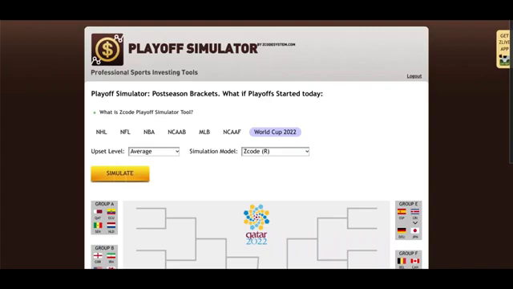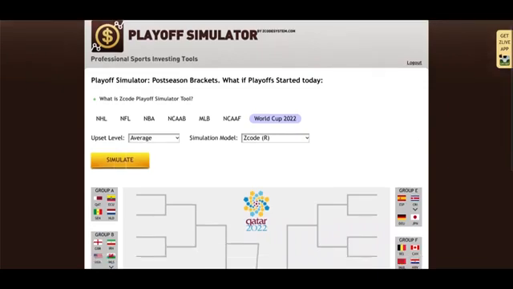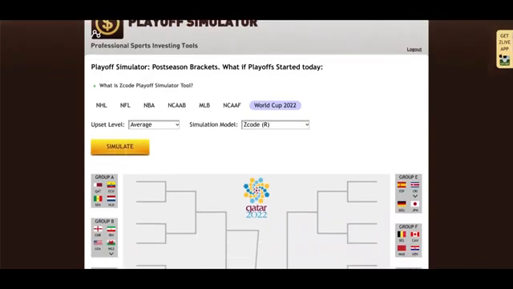Like I said, it's a great tool, and you can use it for various sports that are available. As you can see there, the NHL, NFL, NBA, different sports during their playoff seasons, I guess you could say, the postseasons. You will be able to use this if you are a member of Zcode System. We've built it here for the upcoming World Cup, where we will be able to determine which teams advance to the knockout stages, and then the path to the World Cup final.